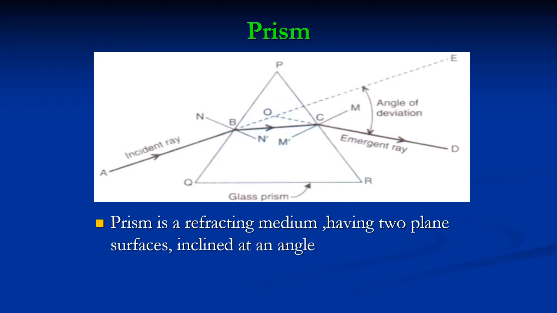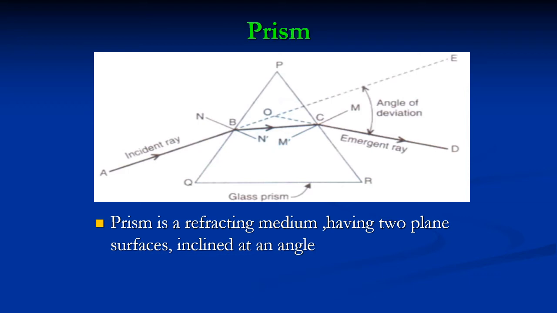Now we will see what a prism is. You know that when light travels through a transparent object, it will pass through. So when light is traveling through two transparent glass plates, it will transmit the light. There is no obstruction to the passage of light.